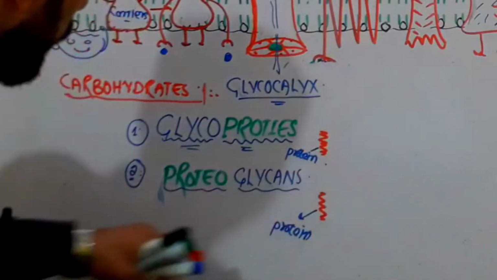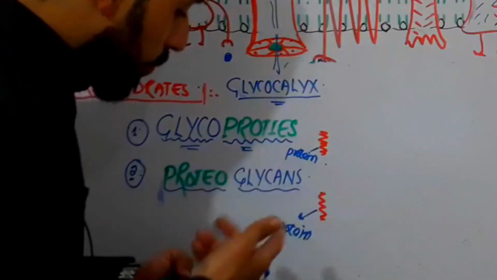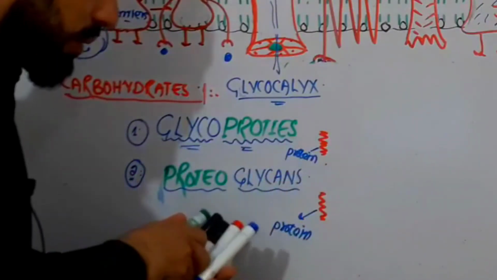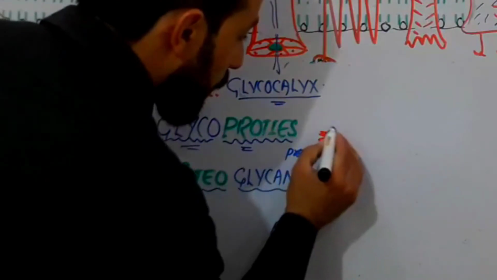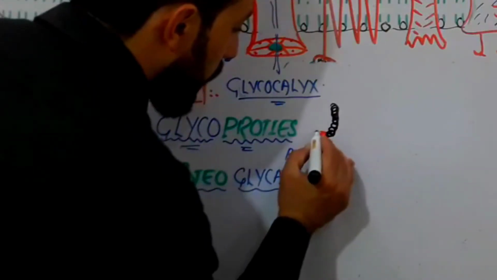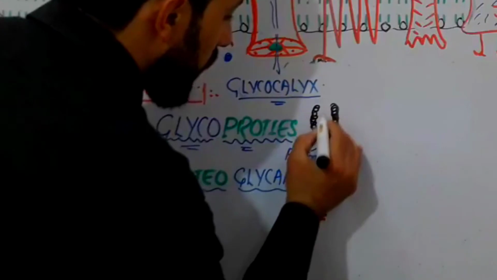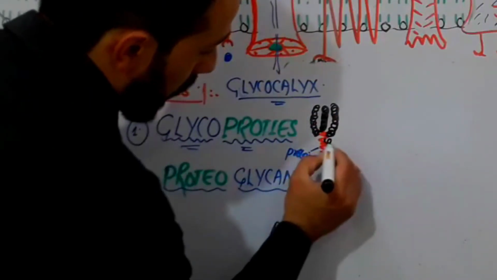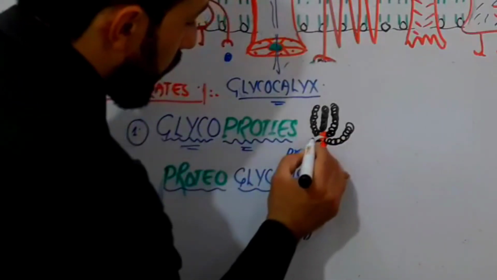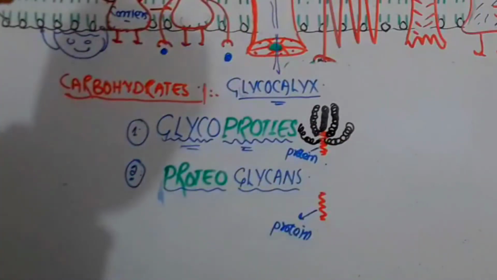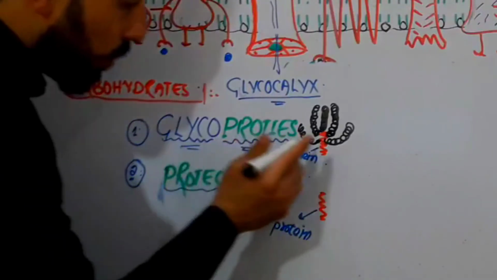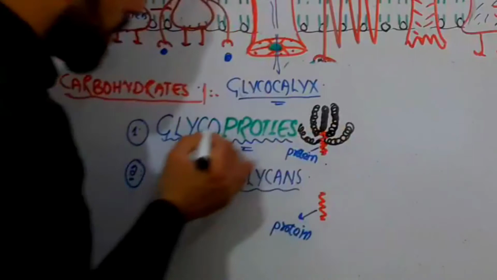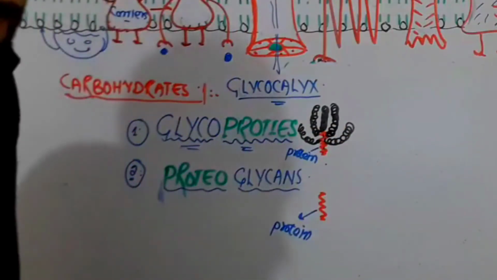So what is the difference between glycoproteins and proteoglycans? Glycoproteins are those proteins in the cell membrane which contain lots of carbohydrates, which are loaded with carbohydrates. Such compounds are called glycoproteins.